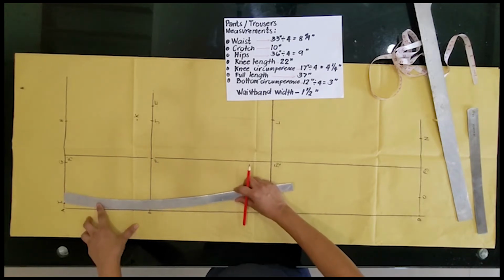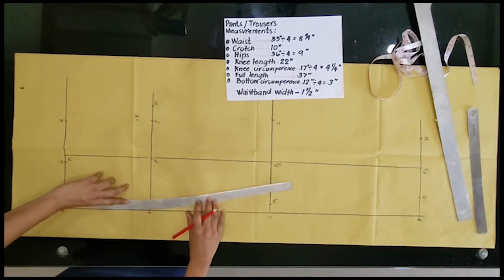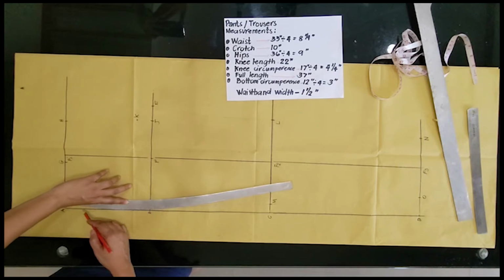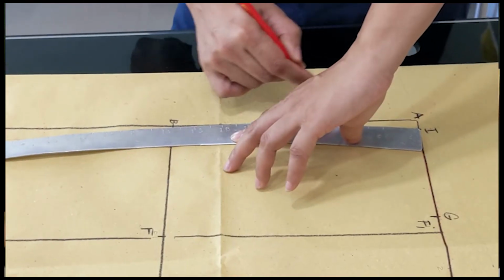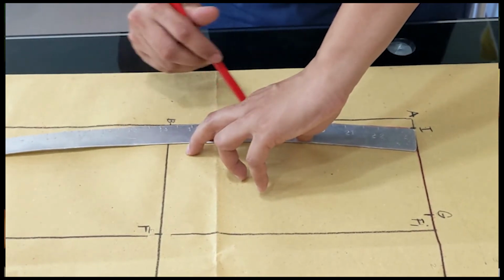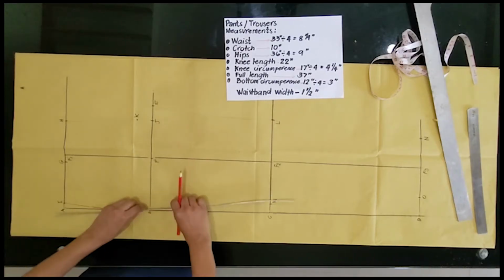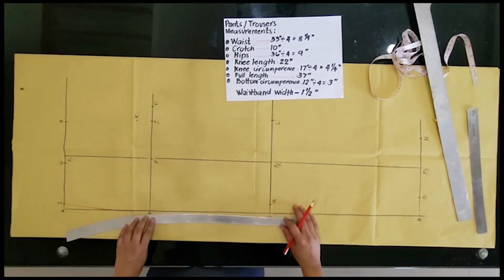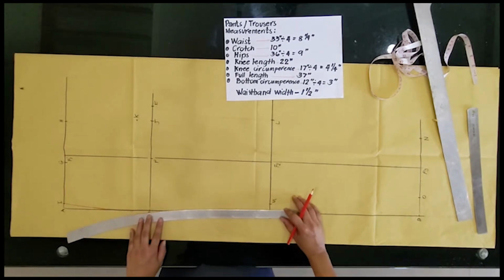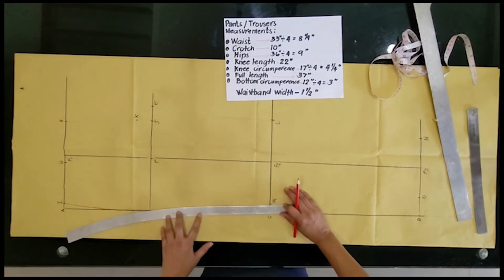Take note that the hip curve is facing outside, or out curve. Okay. So next we have to connect point B and C. So take note the curve is facing inside, or in curve.